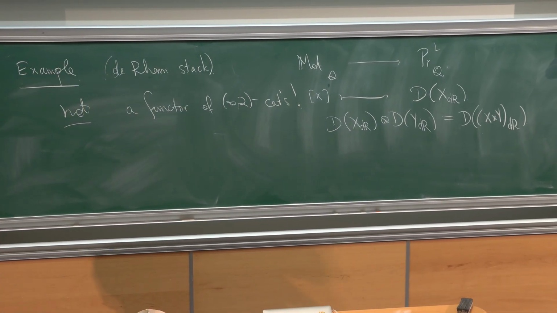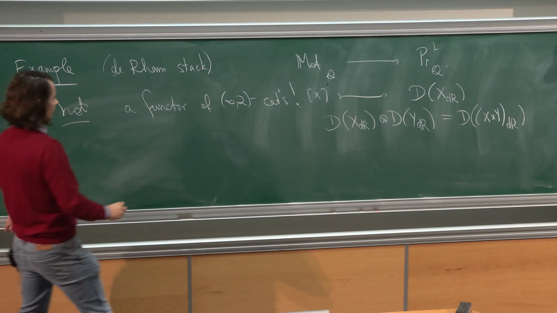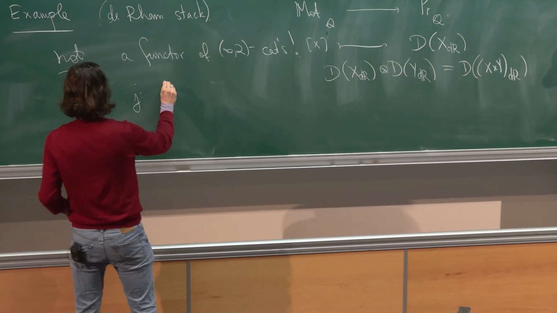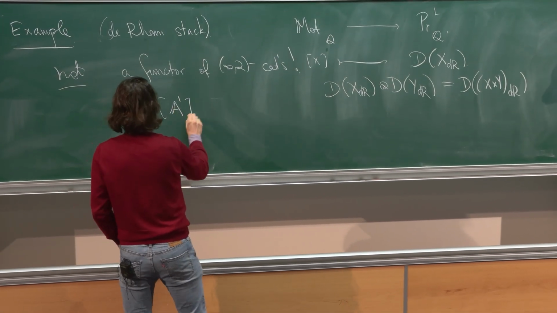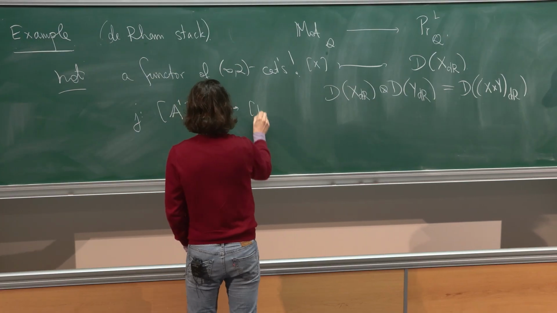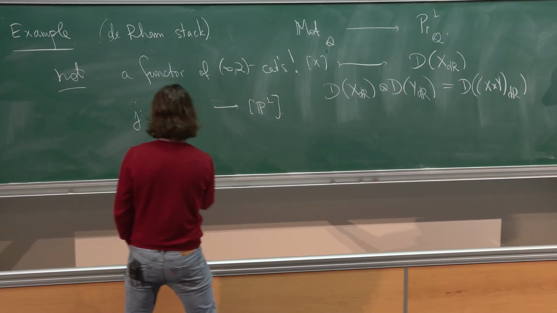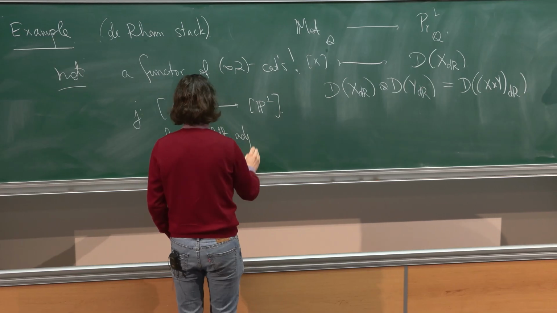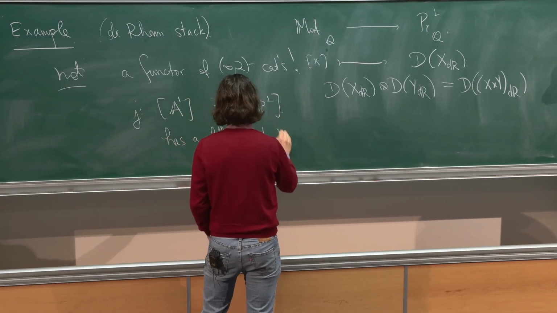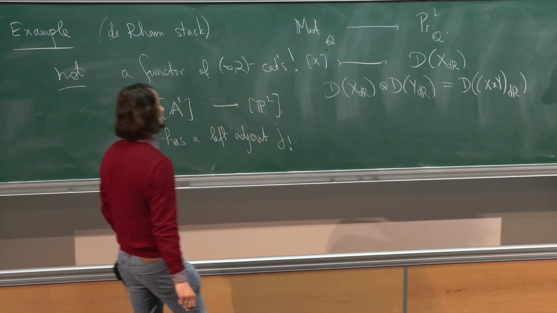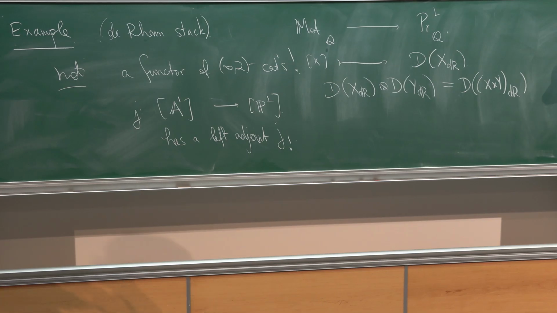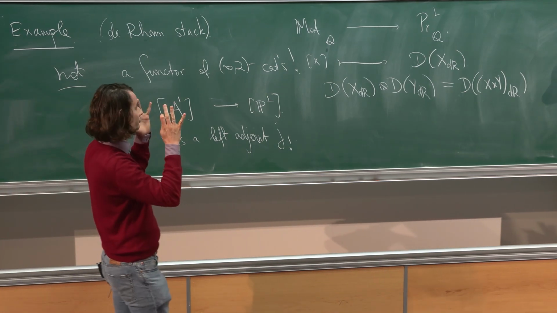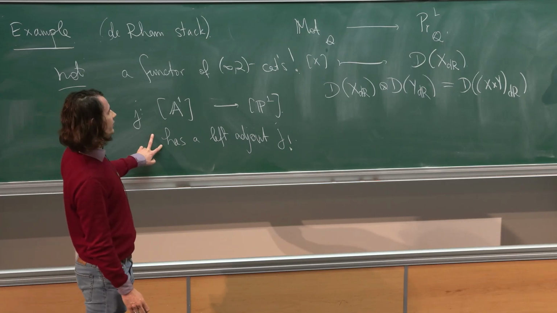And what's the issue? The issue is that in motives, you have the open immersion from A1 into P1, and this has a left adjoint, j lower shriek. Adjoints are preserved by all functors of 2-categories, since an adjoint is an abstract notion in a 2-category. So this must be preserved by the functor.